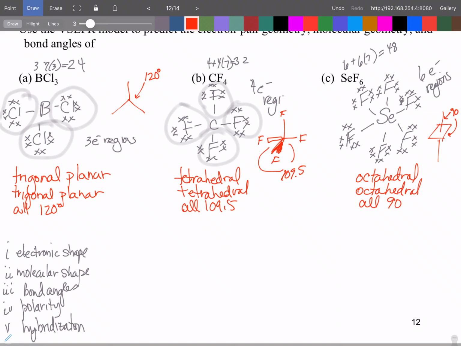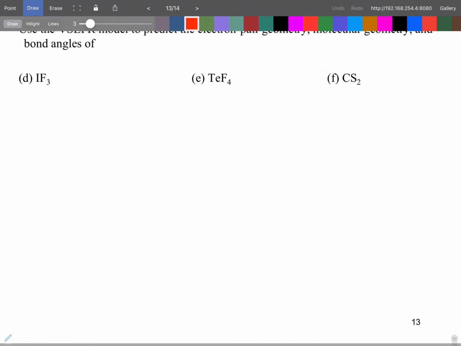So we're going to leave these, continue on, do some more. And as I said, once we do polarity and hybridization, we will come back to these. So let's go into the next realm here. We have iodide, which is 7 plus 3 times 7. So that's 4 times 7, which is 28. So iodide is the central. You got fluorine, fluorine, and fluorine.